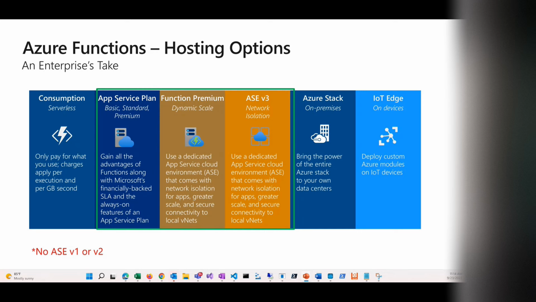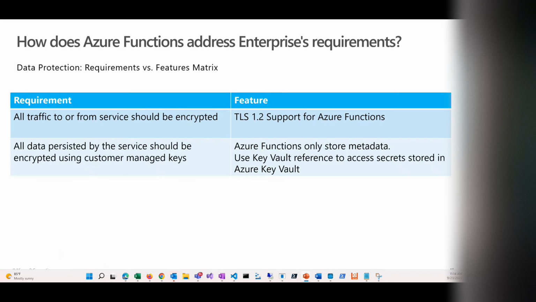So once again, the security, privacy, and compliance requirements are what shape the design decisions to come. Okay. In regards to data protection, we all know that TLS 1.2 support is there for Azure Functions.